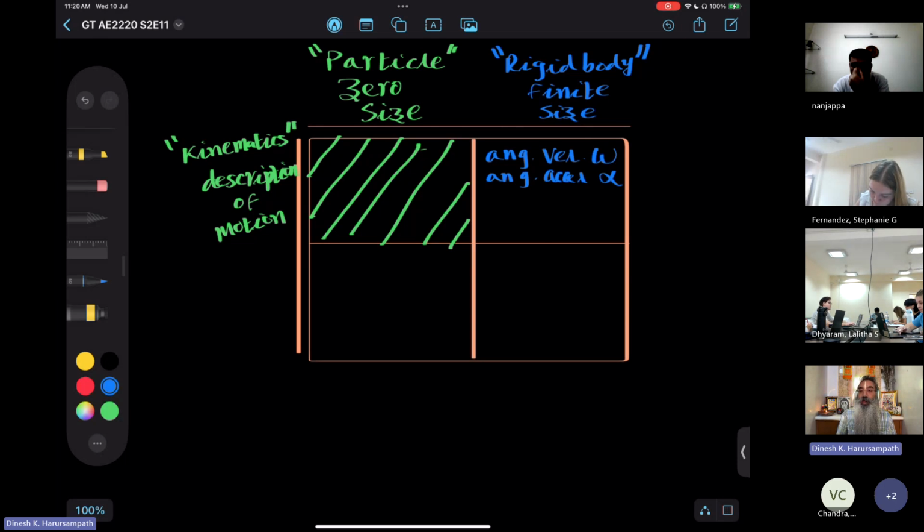But nonetheless, we did look at curvilinear coordinates. So if you remember what we did over there, we did look at various coordinate systems, not only Cartesian, but also the curvilinear, in which we had two kinds. One is the polar or cylindrical, depending upon whether it is 2D or 3D.